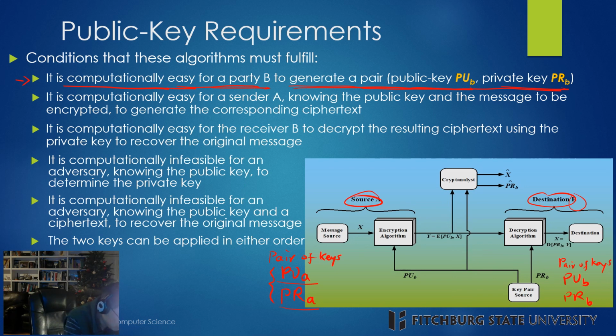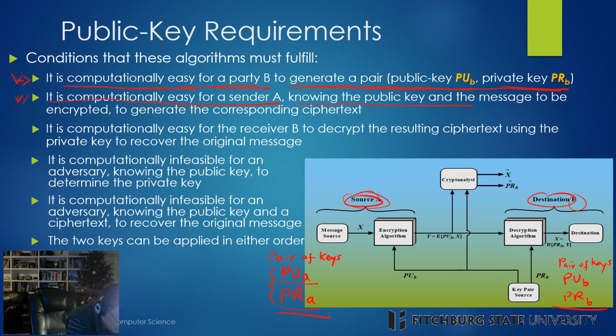Also, it should be computationally easy for party A to generate a pair of keys. It should be easy for everyone to generate a pair of keys. Okay, that's one requirement.